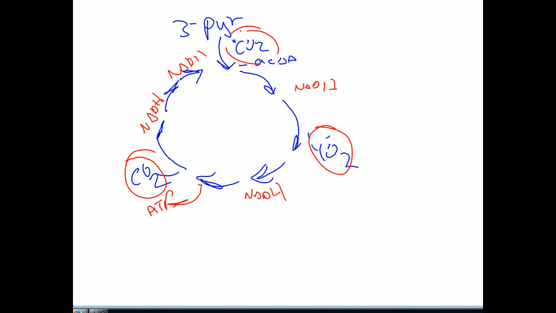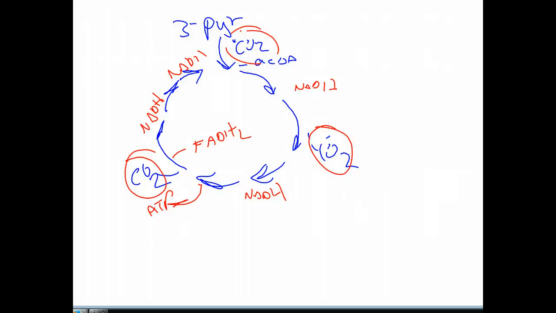And you don't need to worry about the FADH2. So that is what goes on in the center of the mitochondria. We've produced a little tiny bit of ATP, and we've produced a lot of NADH.